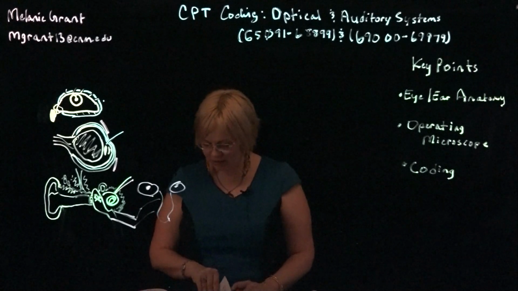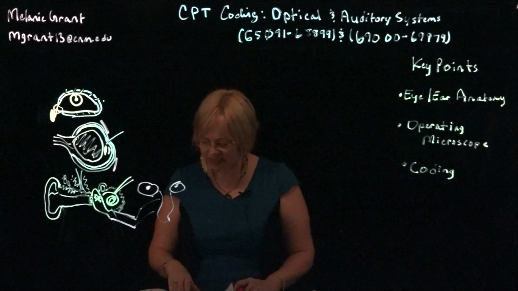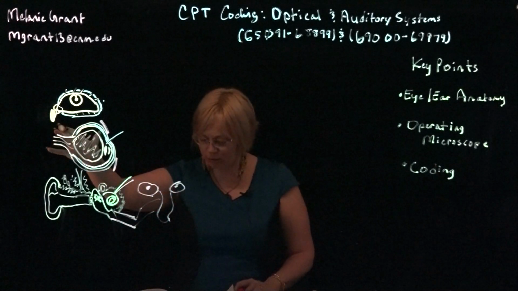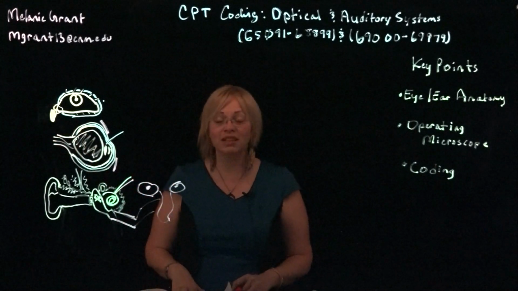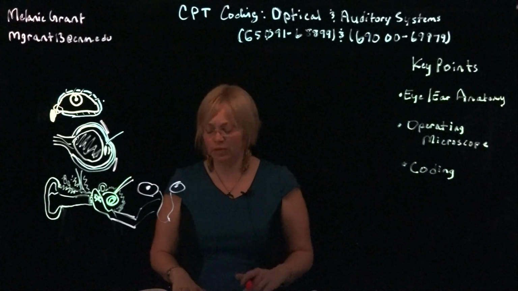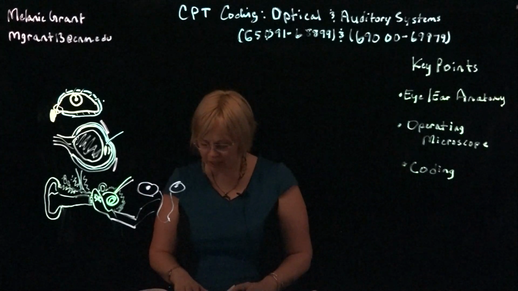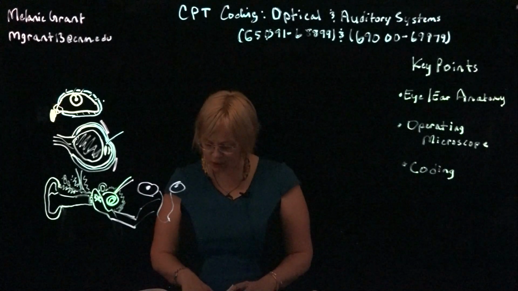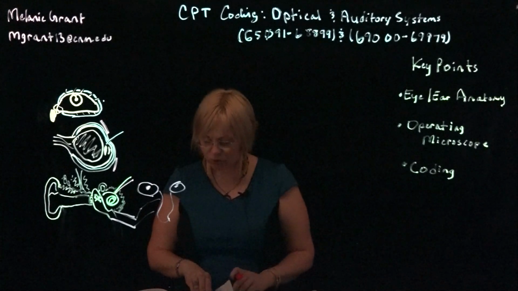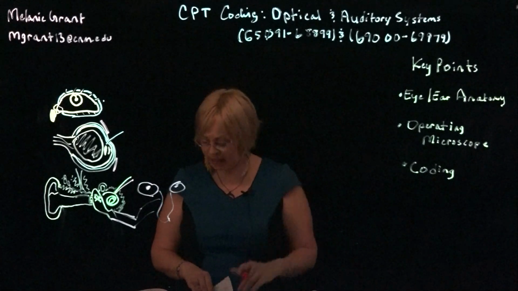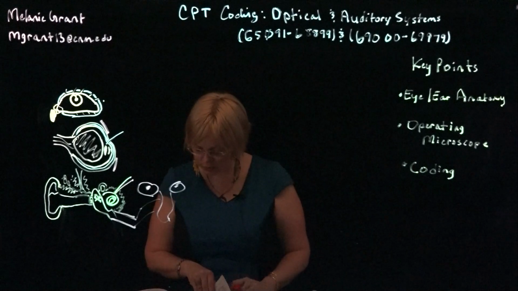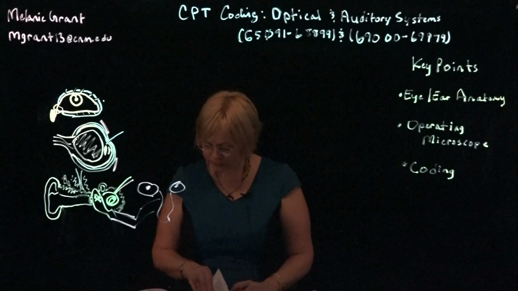Dacryocystorhinostomy, let's say that one 5 times fast. That's going to be talking about your nasolacrimal duct, which is identified with abbreviations that are common for NLD. And they're going in and they're going to be looking for some sort of obstruction to take it out or to clear it out. And so they're doing a repair.